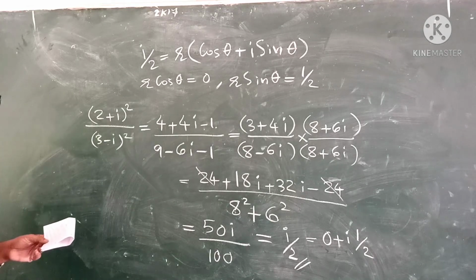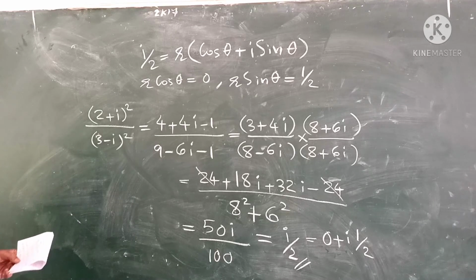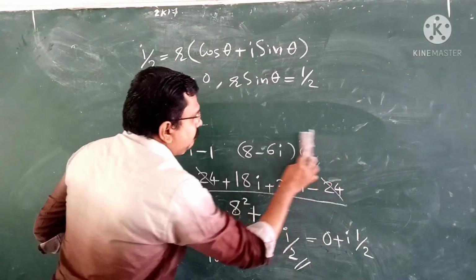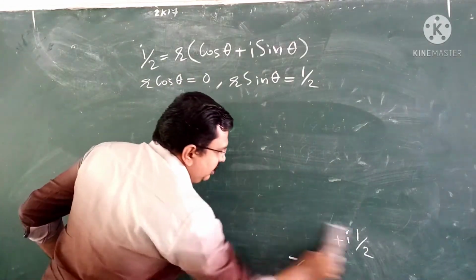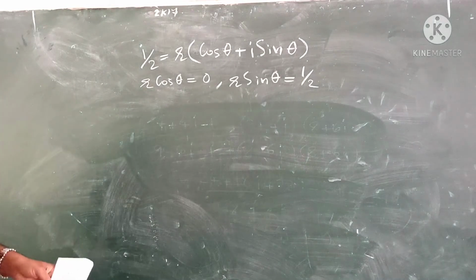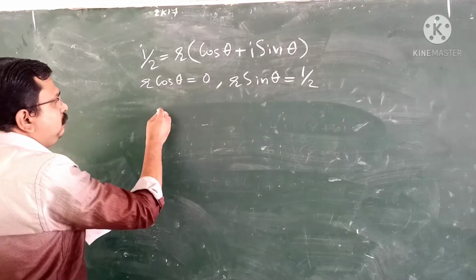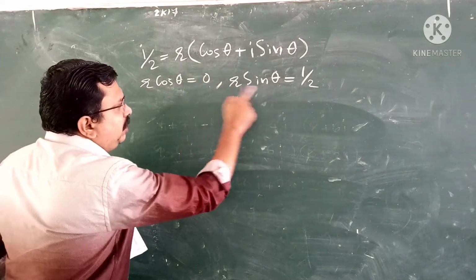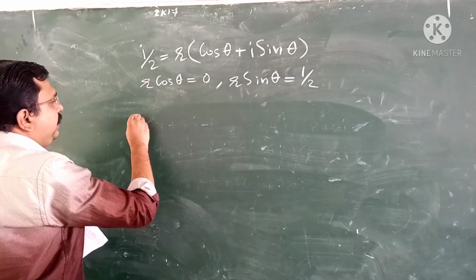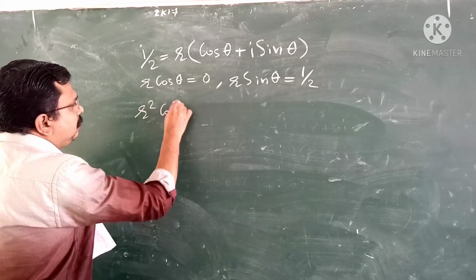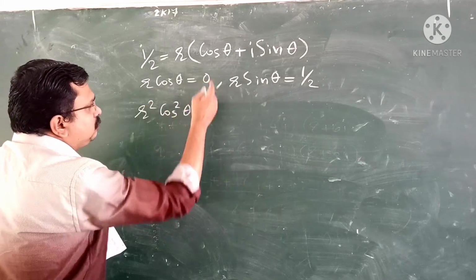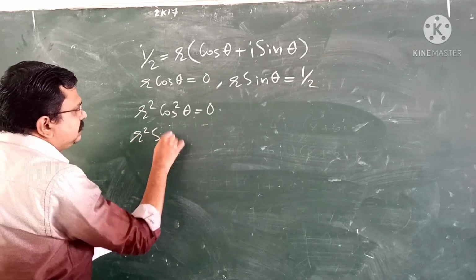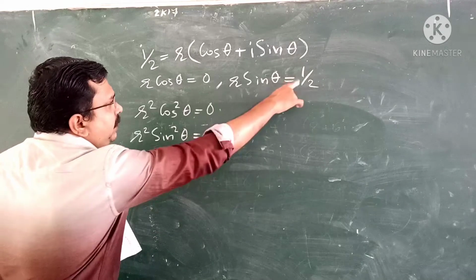Next step is we want to find out the value of r. r cos theta equal to 0 is equation 1, and r sin theta equal to 1 by 2 is equation 2. Equation 1 squared is r square cos square theta equal to 0 square, that is 0. Second one is r square sin square theta equal to 1 by 2 square, that is 1 by 4.